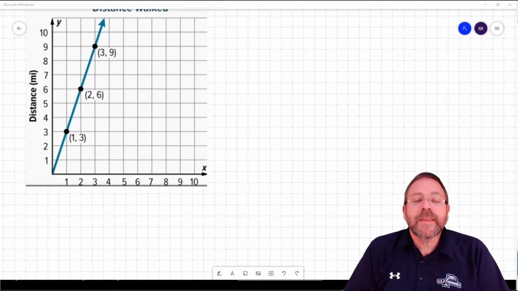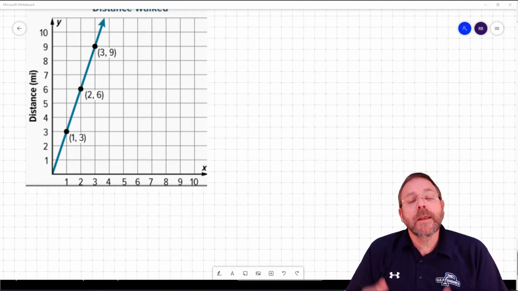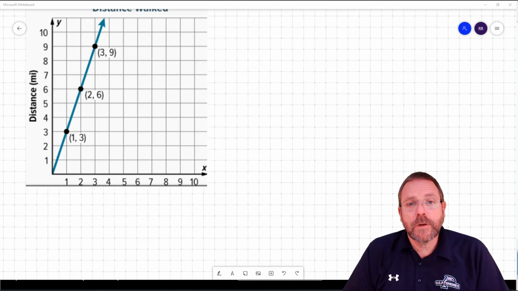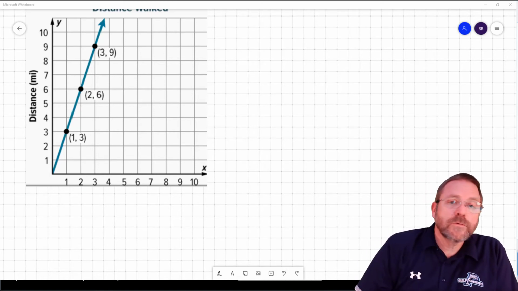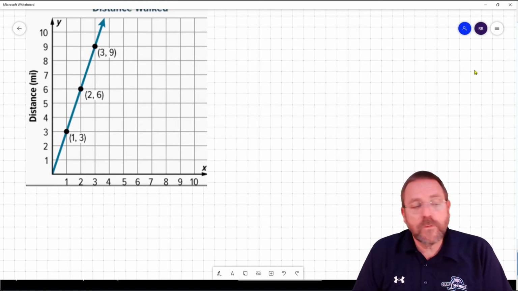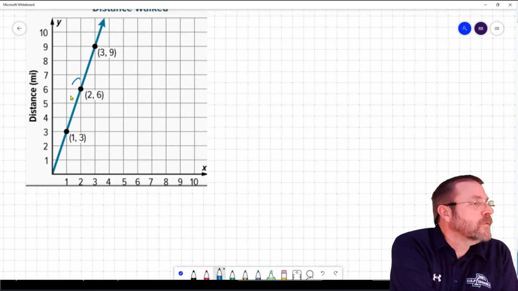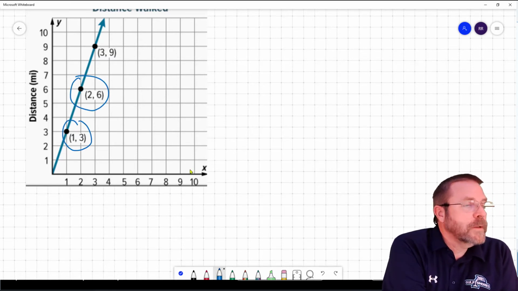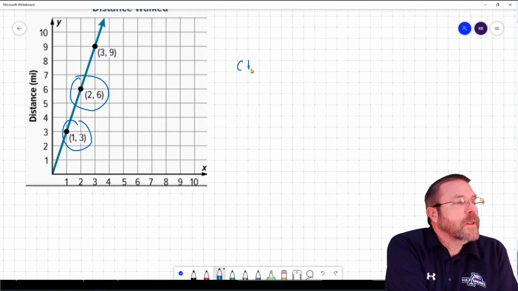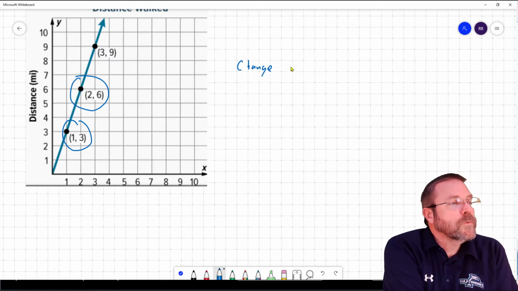First off, I notice it is linear. It makes a straight line. Because it makes a straight line, it means I have a constant rate of change. And remember, the rate of change is also going to be known as the slope. From here, we're going to pick any 2 points, so I'm going to make it simple. I'm going to pick that point and that point. And the formula I'm going to use is a variation of what they've been using.